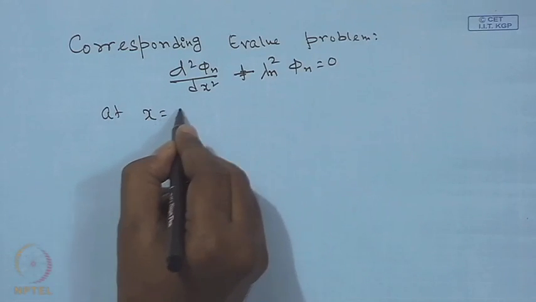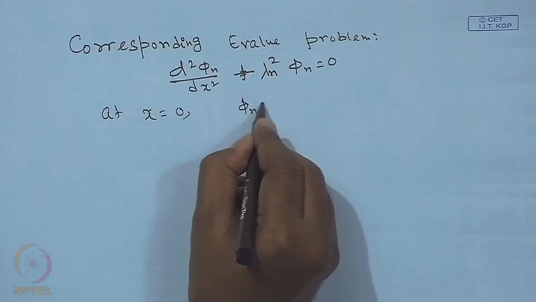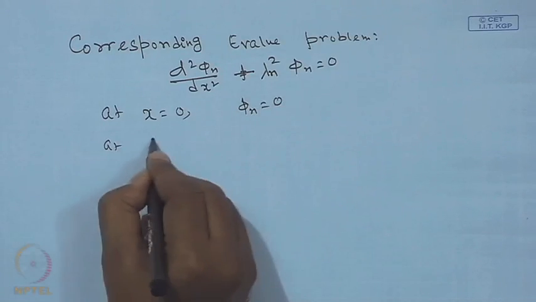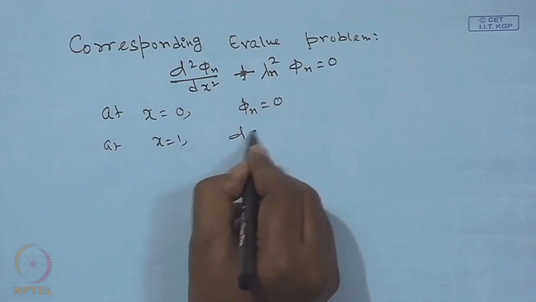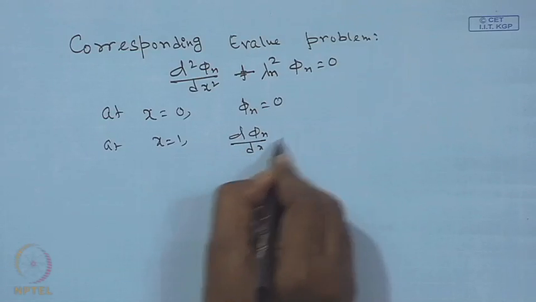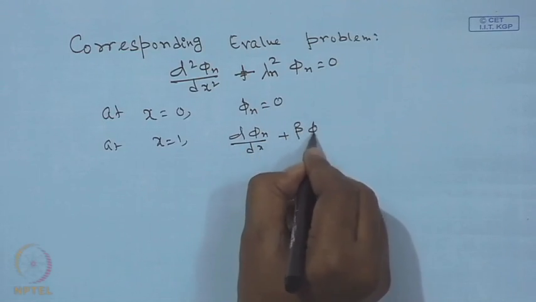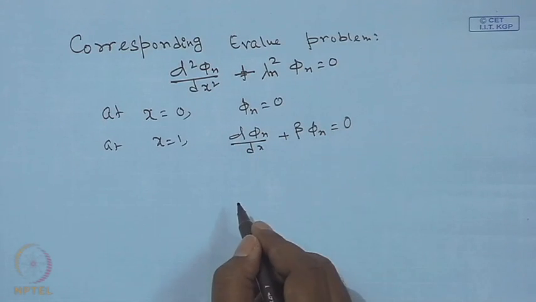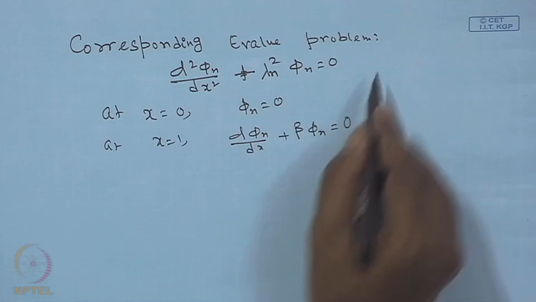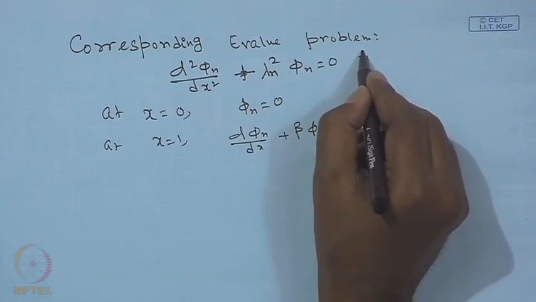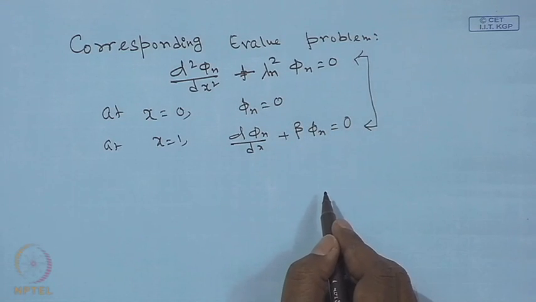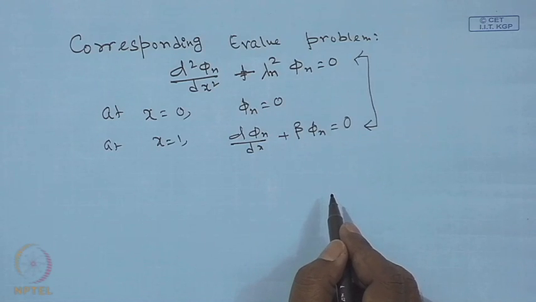At x = 0, φn = 0, and at x = 1, dφn/dx + βφn must be equal to 0. So, we have already solved this problem. This is a standard eigenvalue problem with homogeneous boundary conditions.